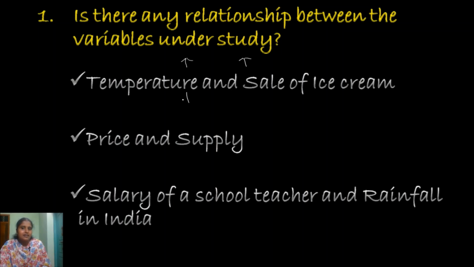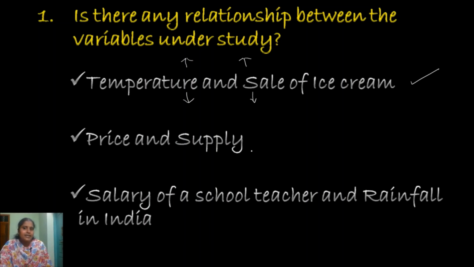Like that, if temperature decreases, the sale of ice cream decreases as well. Here both the variables move in the same direction. Here the temperature is related to sale of ice cream. So there exists some kind of relationship between temperature and sale of ice cream, isn't it?